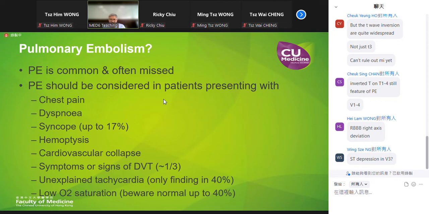About a third have signs of DVT, but you may not have that. And up to 40% of unexplained tachycardia is due to PE. So if someone comes to you with unexplained tachycardia, think about PE. Also, sudden low oxygen saturation. These are things which make you think about PE, and it's why PE is missed, because it's something that you don't often think about.